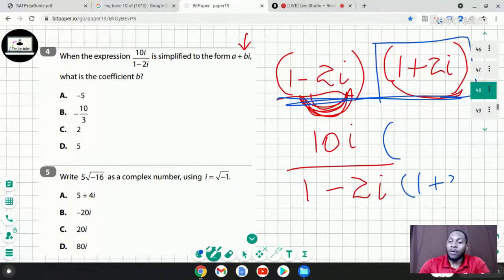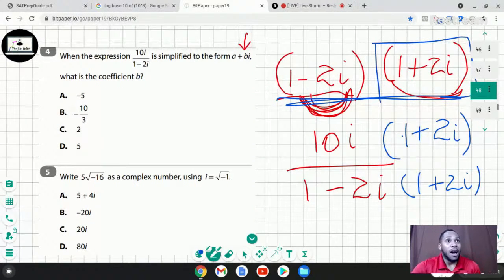And the reason why I want to multiply the top and the bottom is to keep the value of the expression the same. When you have a mathematical expression, if you do something to the numerator, you got to do the exact same thing to the denominator. So if I multiply the numerator by a number, I got to multiply the denominator by the same number to keep everything the same.